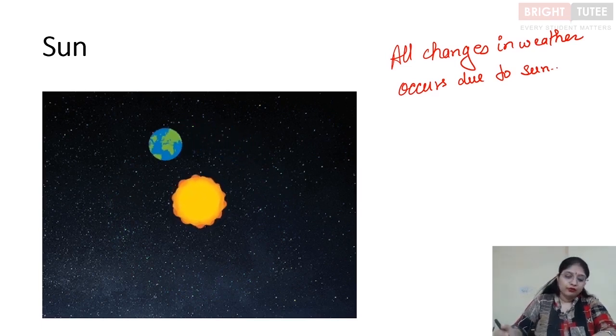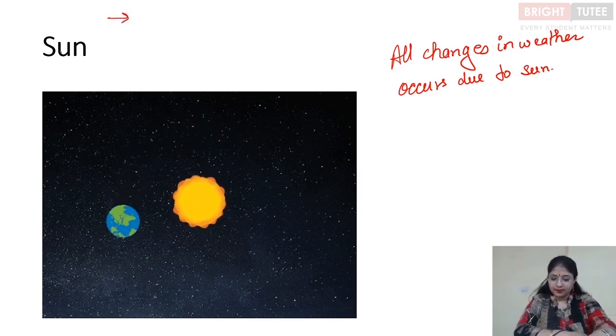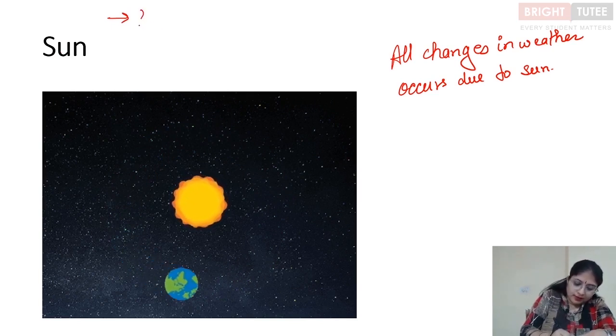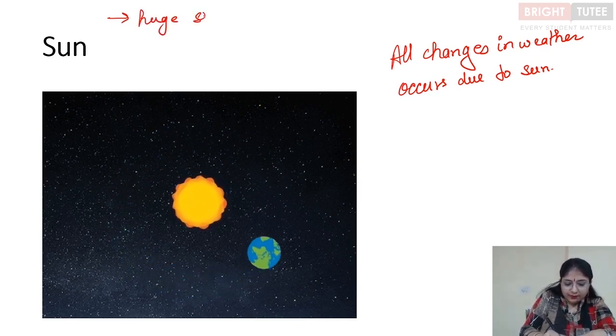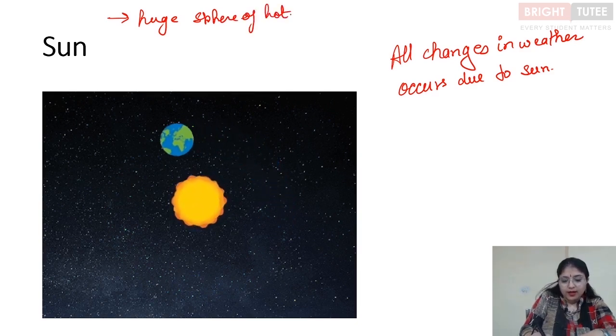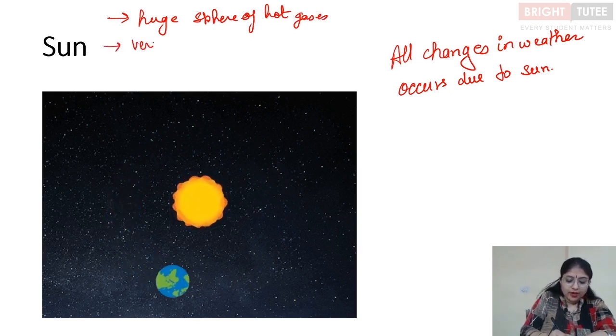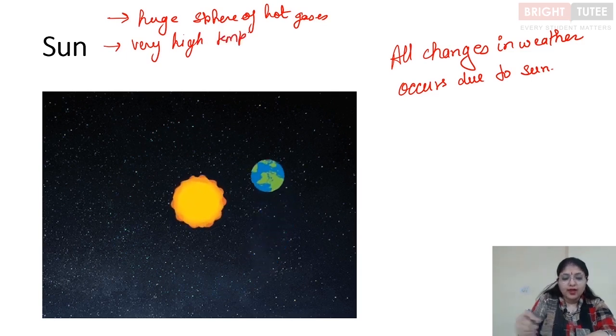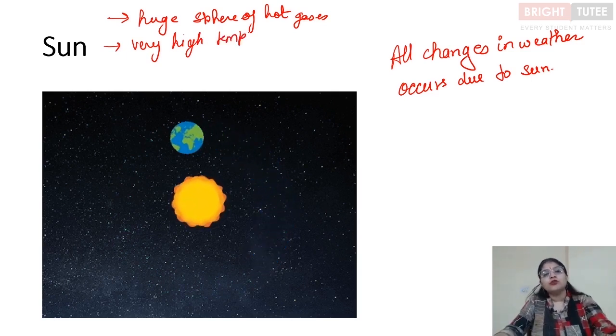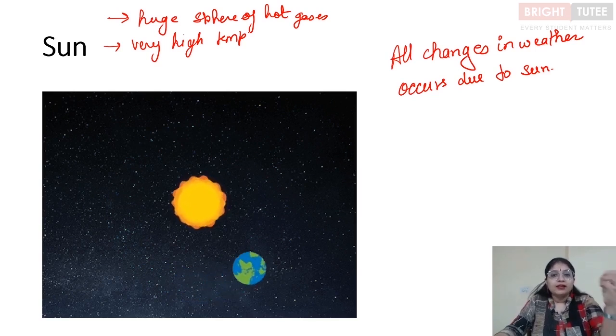What do we already know? First of all, we know that sun is a huge sphere of hot gases, right? Also, we know the temperature of the sun is very high. Now you can imagine how high the temperature is, that from so far away also we are able to receive the warmth, and during the summers we find that the temperature rises up to 50 degrees Celsius also.